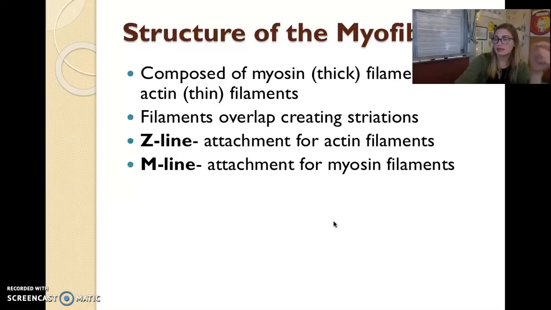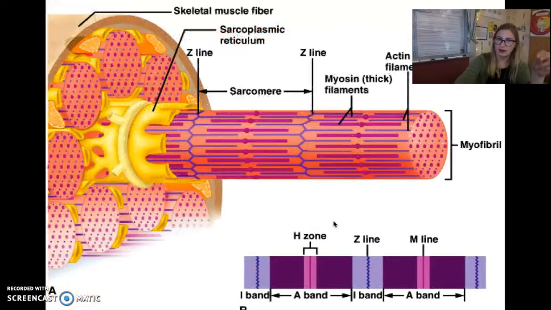The M-line is where we only see myosin. Now the myosin is not actually attached to anything, but you can see it. That's like the lighter magenta here. So the myosin is in the middle of the two Z-lines. And once again, you guys got to know this stuff. So I'm sorry, but here we are.